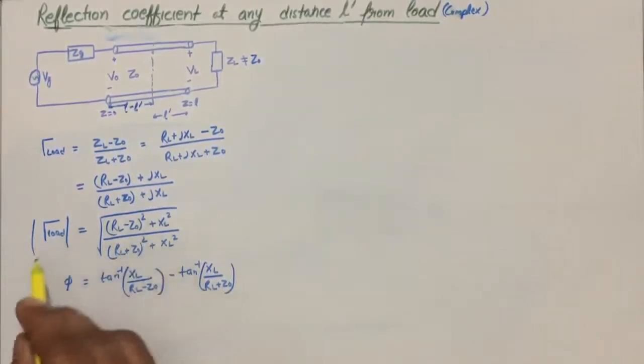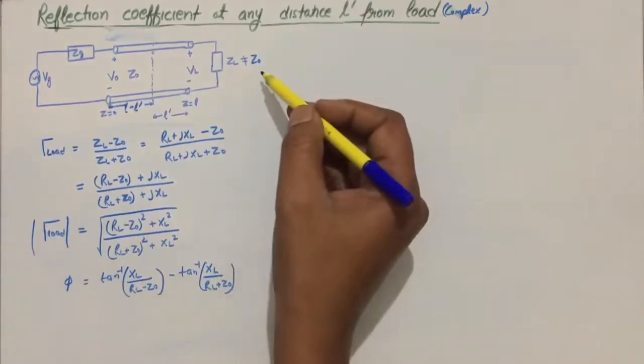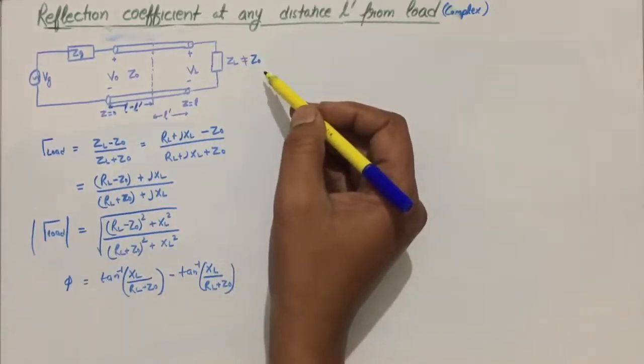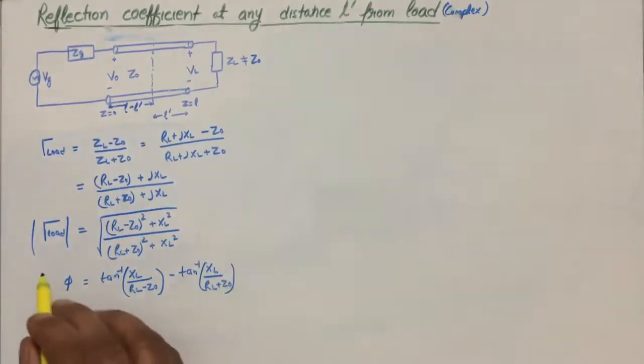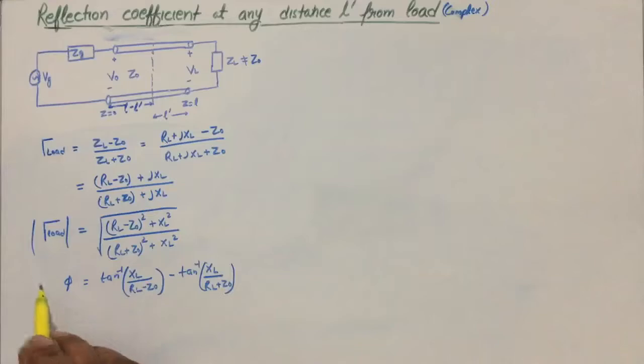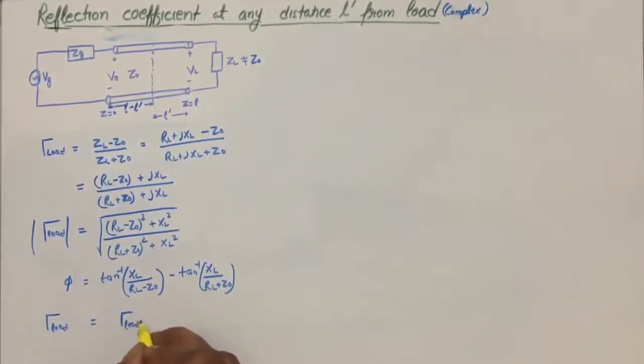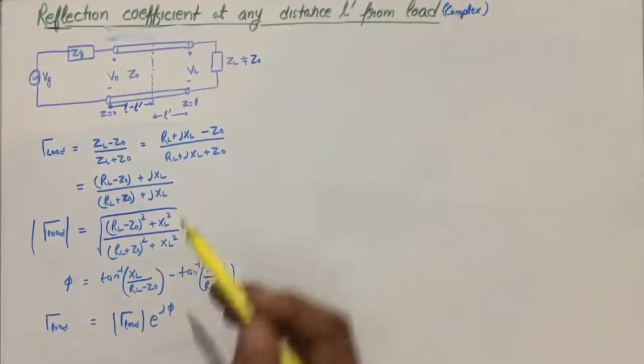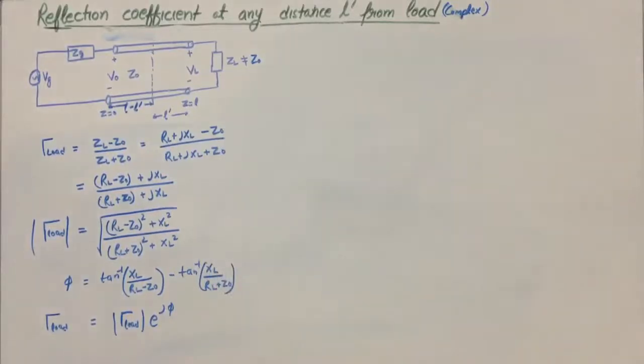So from here, if the load is complex, not real, in that case the reflection coefficient will be gamma load magnitude with phase e to the power j phi, because of the complex nature of the load. Okay.